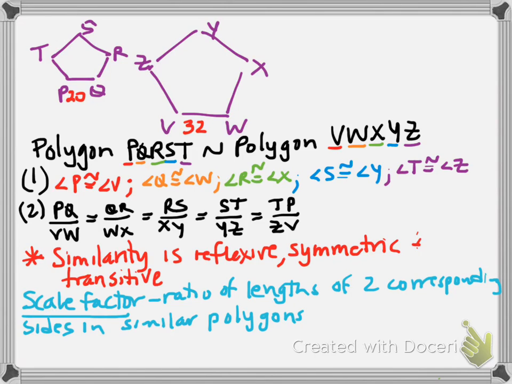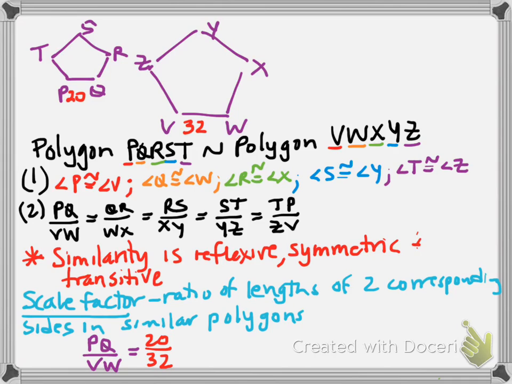So if you remember above, we had talked about how segment PQ, or the length of PQ over the length of VW, is the same ratio as everything else. And then we know from the given information that the length of PQ is 20 and the length of VW is 32.